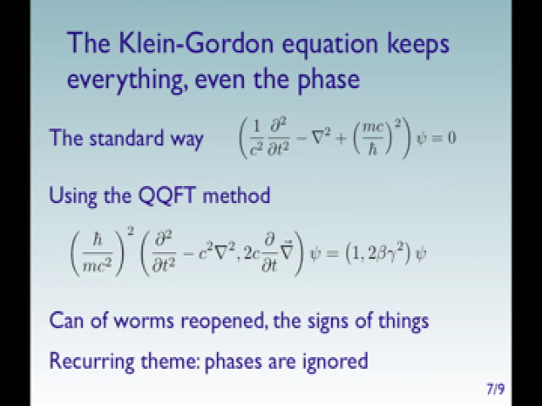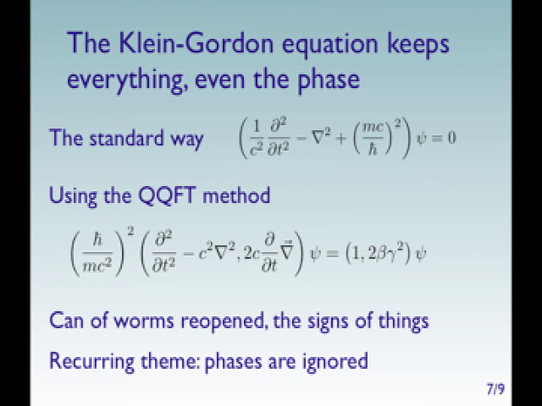So this is the way it's written in the standard form. You've got the second time derivative, you've got your del operator, you've got this mass sort of thing squared. Everybody's squared, everybody acts on phi. And people say, isn't that beautiful?